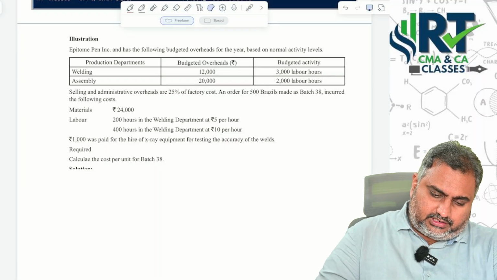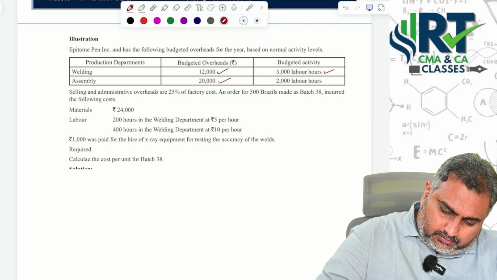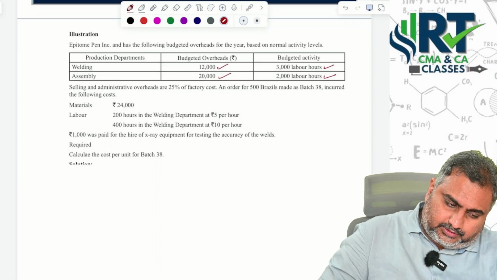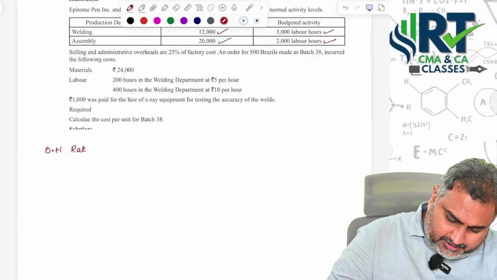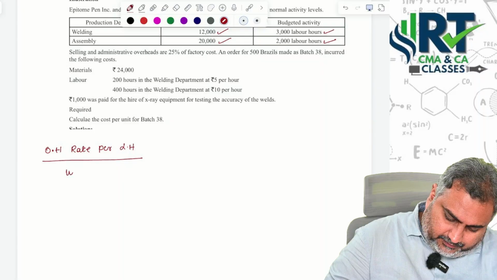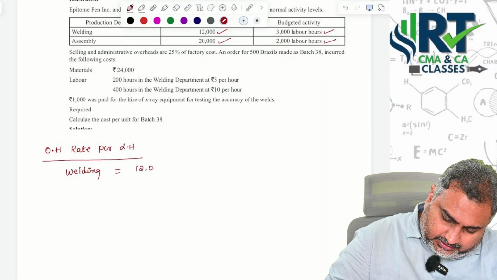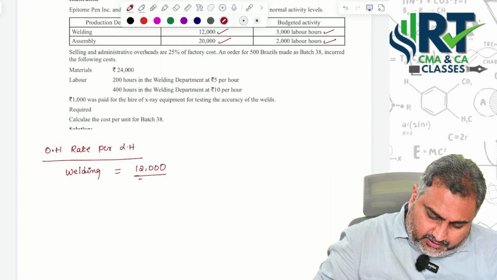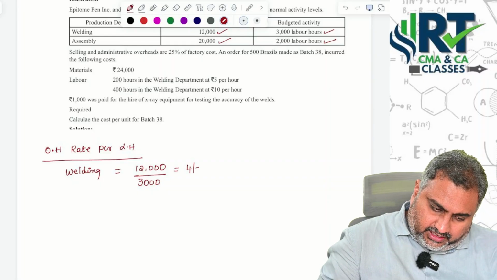This is the budgeted part provided. If I have 3000 labor hours, then I may incur overheads of 12,000. So overhead rate per labor hour, under welding first: budgeted overheads 12,000, expected for 3000 labor hours.